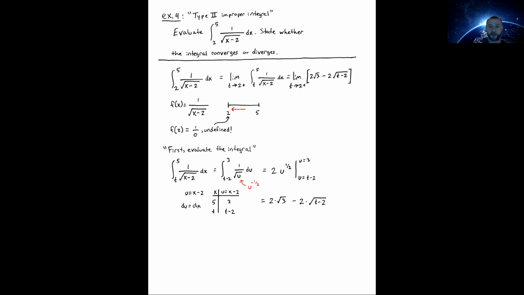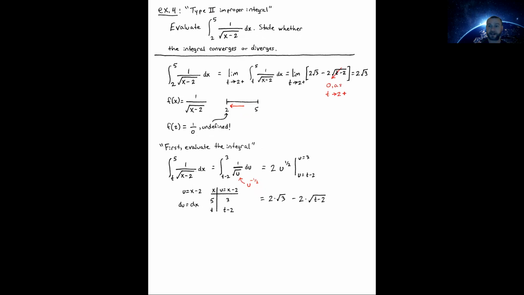If we take a limit for that expression as t approaches 2 from the right, some limits you can just evaluate by plugging in. In this case, if you plug in t as 2, you'll find that square root term will approach 0 as t approaches 2 from the right.